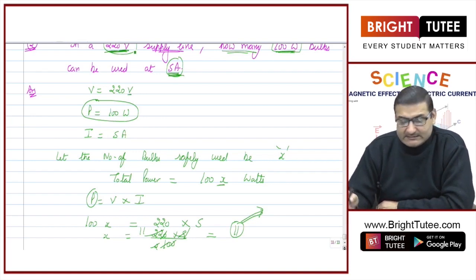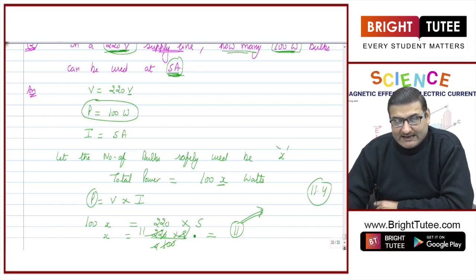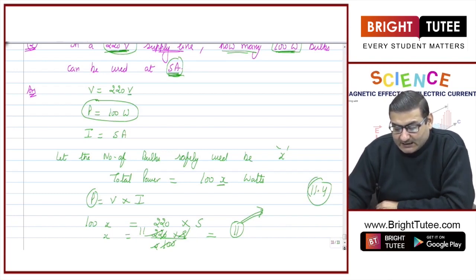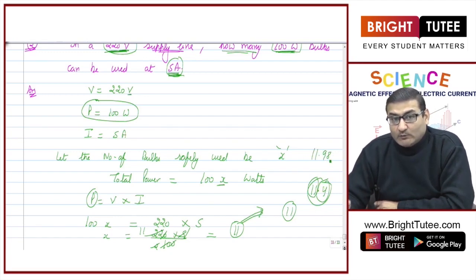Now students, this answer is coming exact, but if you get 11.4 in a calculation, in that case we will just take the rounded off figure 11 bulbs, because we cannot take 0.4 bulbs. And even if it is 11.98, we cannot take 12.